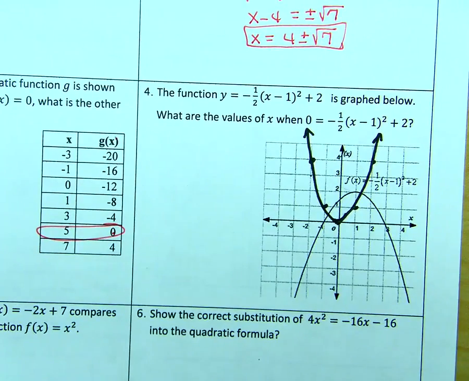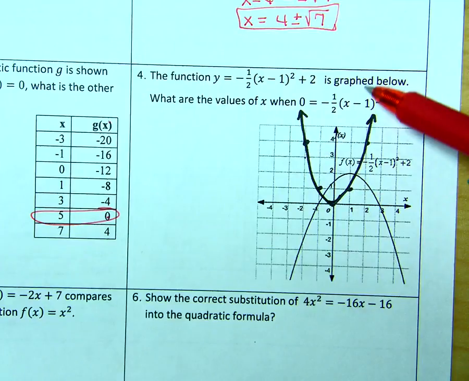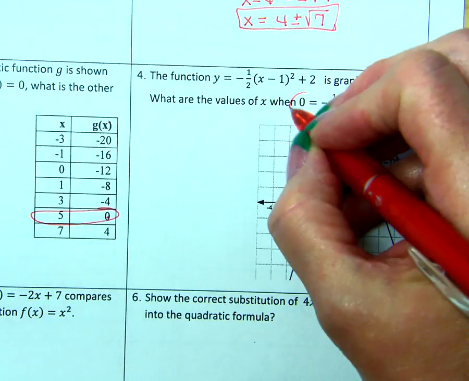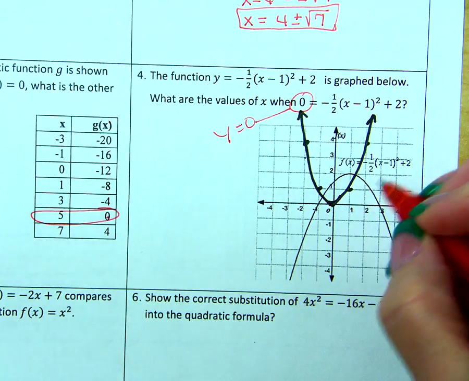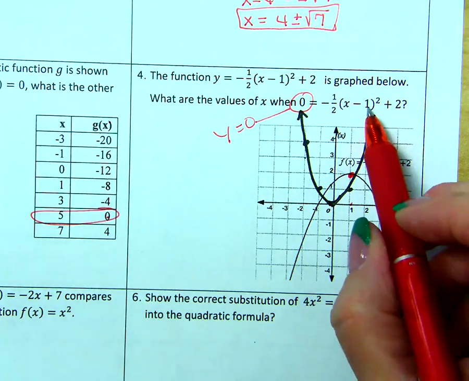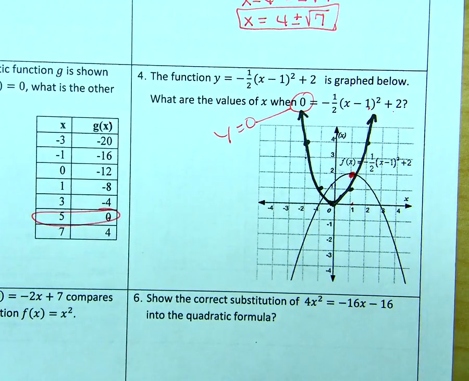Okay, over here we have the parent function drawn, and I wanted to look at how the parent function was moved to get this function here. And they really just want to know when y equals 0. But what we did here was we went over 1 and up 2 to get our new vertex, and that is where we get a shifting to the right 1 and up 2 units.